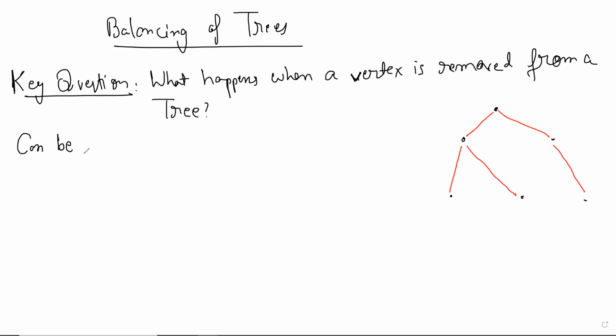Vertices get disconnected from the graph. Certainly, if you remove, for example, this vertex, that vertex is gone, and the edges that are adjacent to it are also gone. Yeah, that's certainly true.